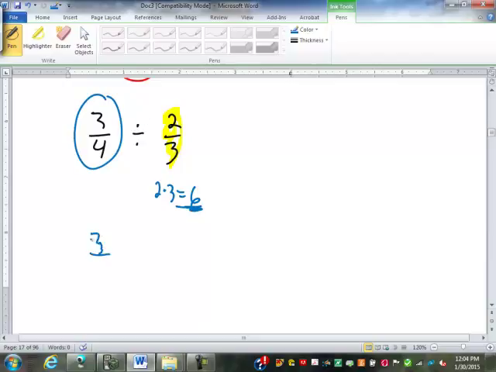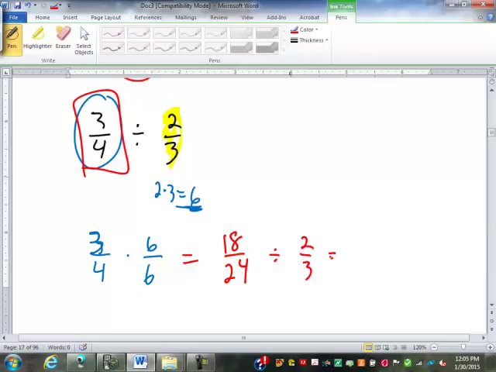So 3/4 is going to get renamed by multiplying by 6 on top and bottom. Well, 3 times 6 is 18. 4 times 6 is 24. 18/24 is equivalent to 3/4. It's just been renamed. It looks different. Now we can divide by 2/3. 18 divided by 2 is 9. 24 divided by 3 is 8, which is 1 1/8.